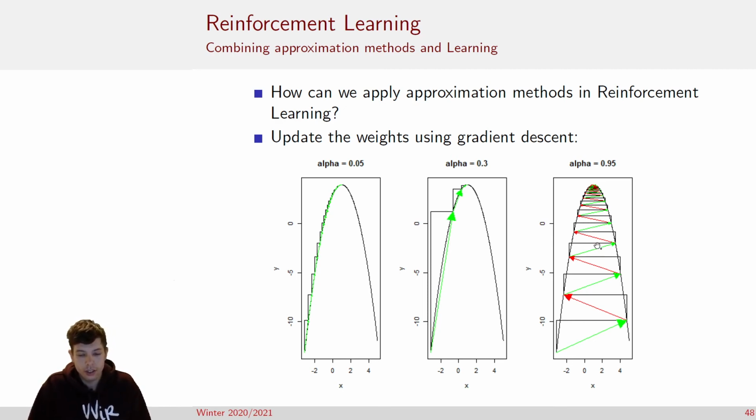And we can do this using gradient descent, or in this case, gradient ascent, because we're going to the maximum, in the following way. We compute the gradient, and the gradient tells us, okay, if I increase weight 1, how much does the value function approximation change?